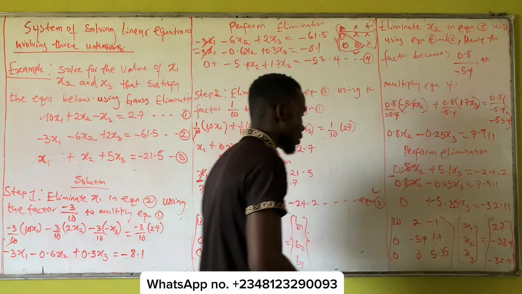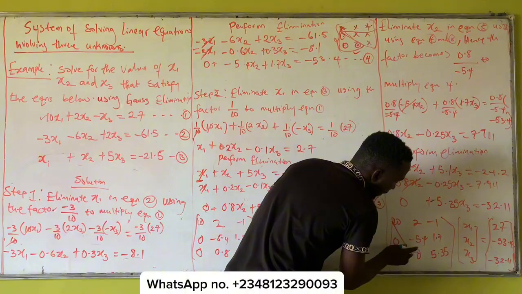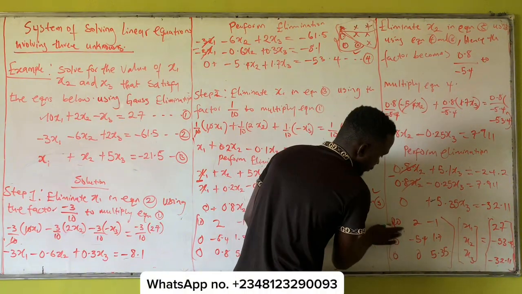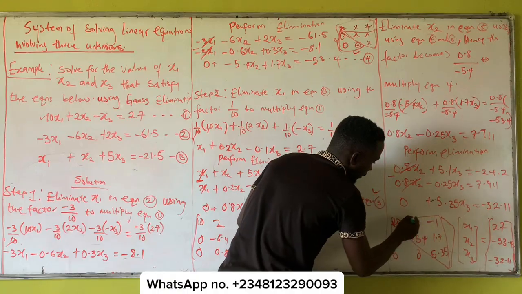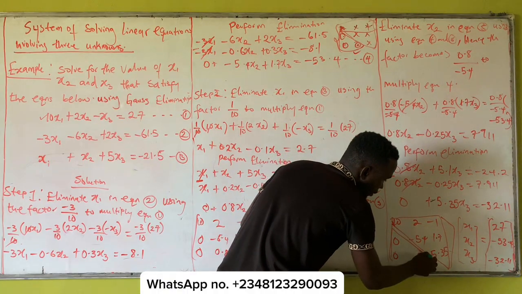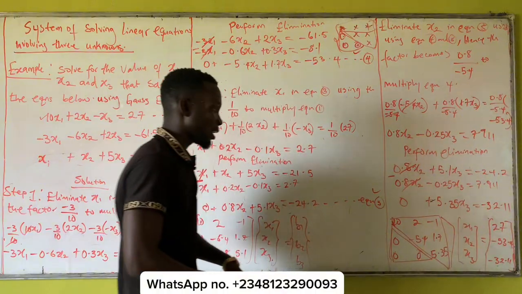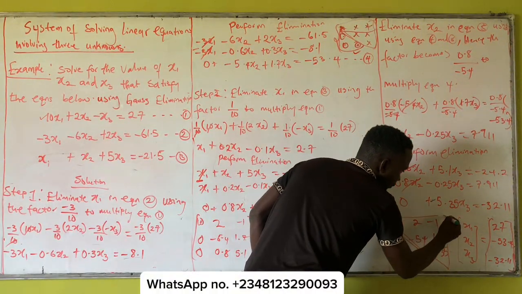So you can see that we have successfully gotten our upper triangular of values and our lower triangle of zeros, which is the aim of the Gauss elimination. So I have successfully gotten this.